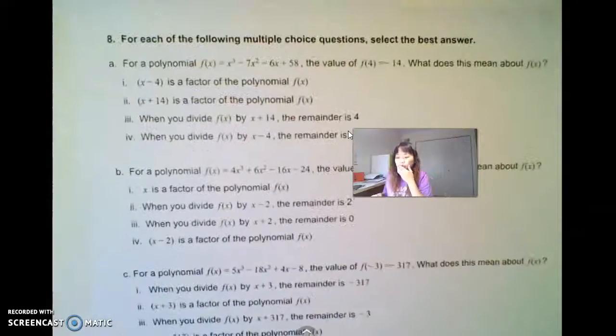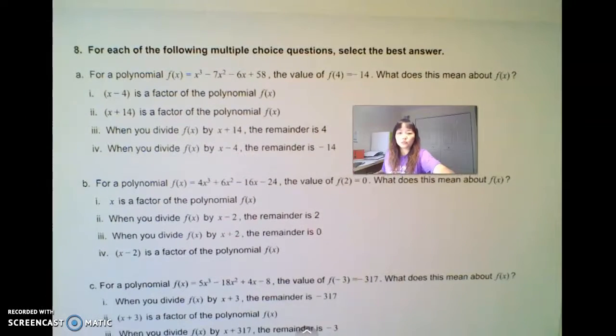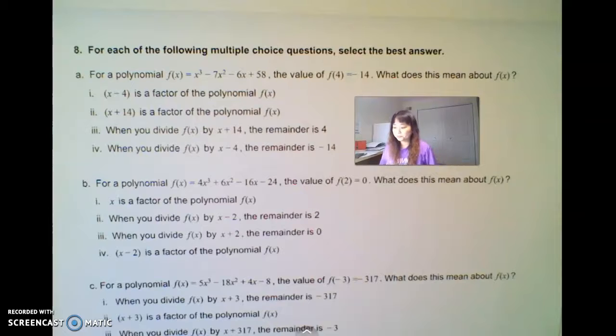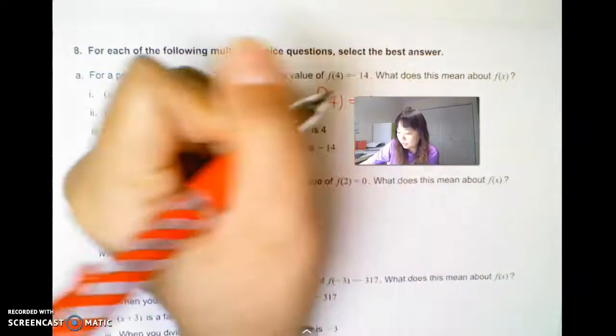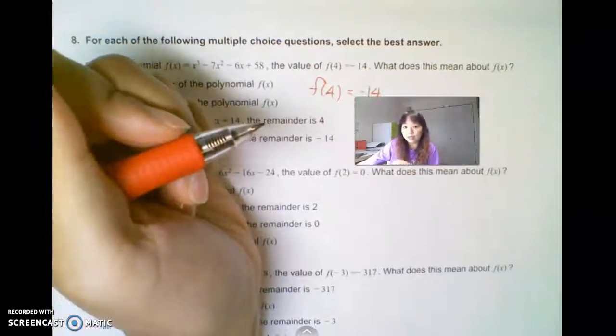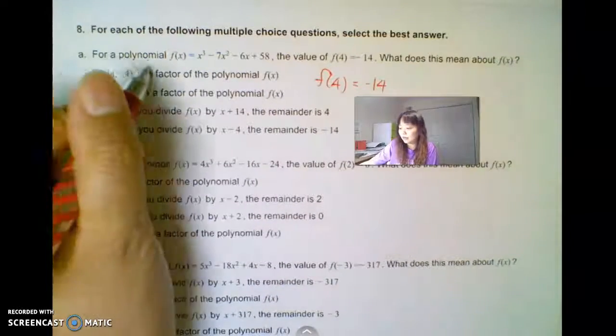So I just want to go over a couple of multiple choice questions on the last page. Okay, this is a multiple choice. For a polynomial f of x equals x cubed minus 7x squared minus 6x plus 58, they told us the value of f of 4 is negative 14. What does it mean? f of 4 is negative 14. It's not 0, right? So that means it's not a factor.